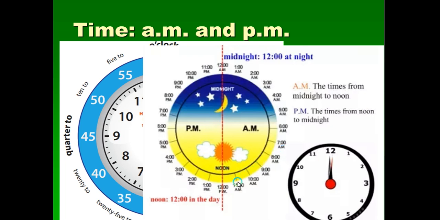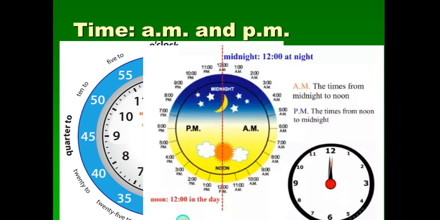And from the 12 noon of the day to your 12 midnight is your PM. 12 midnight to 12 noon is your ante-meridian, and 12 noon to 12 midnight is your post-meridian.